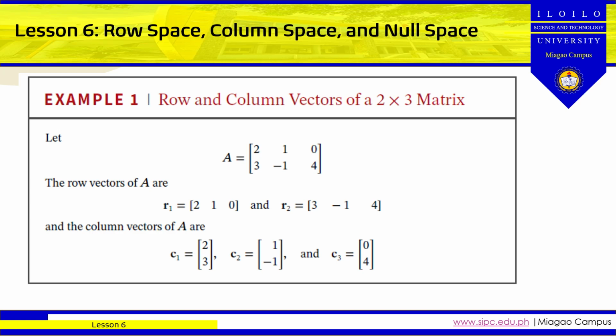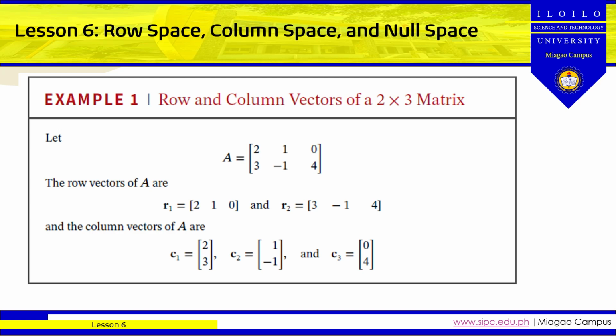Example 1: row and column vectors of a 2 by 3 matrix. Let matrix A be the matrix with rows 2, 1, 0 and 3, negative 1, 4. The row vectors of A are r sub 1 equals (2, 1, 0) and r sub 2 equals (3, negative 1, 4).